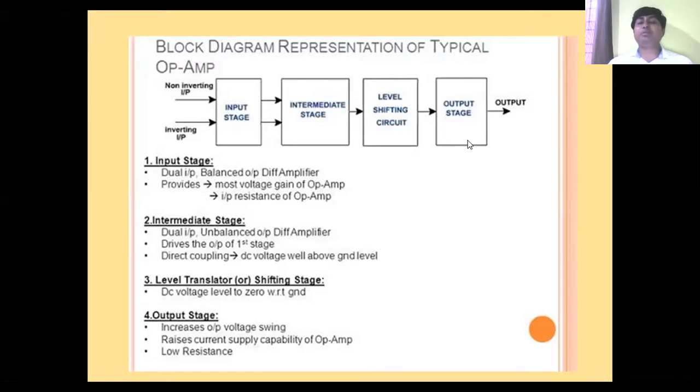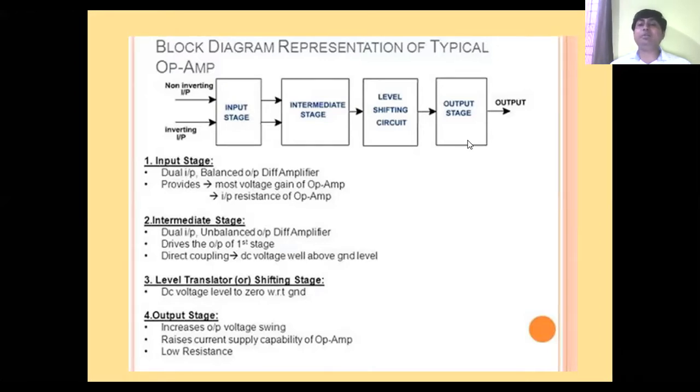And here in this output stage we will use a complementary symmetry push pull amplifier. We will use a complementary symmetry class C push pull amplifier. So it will again increase the voltage swing, and it will raise the current supply capability of the operational amplifier. As the current supply increases, that means resistance is decreased.